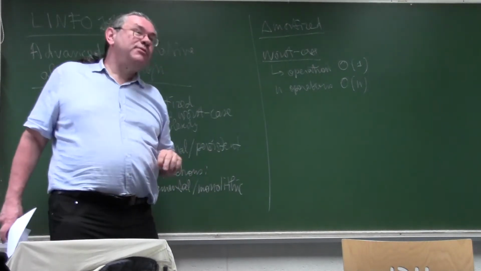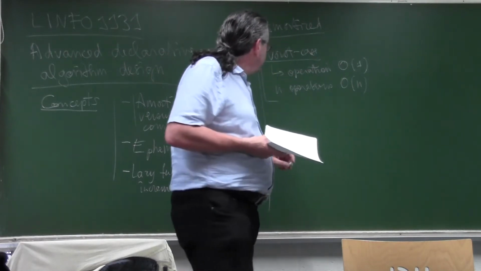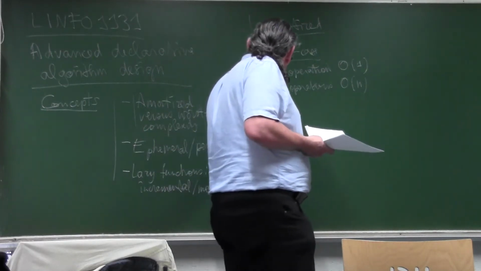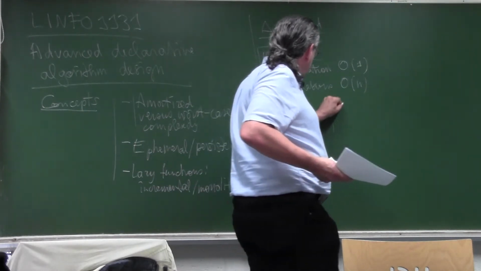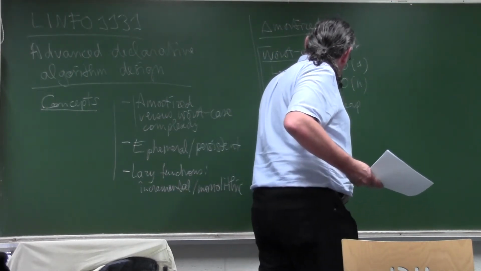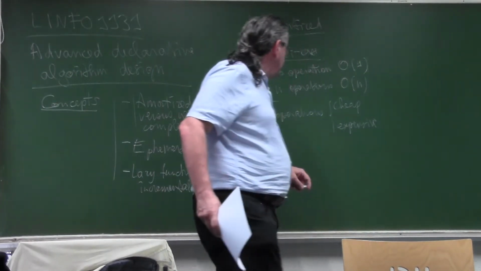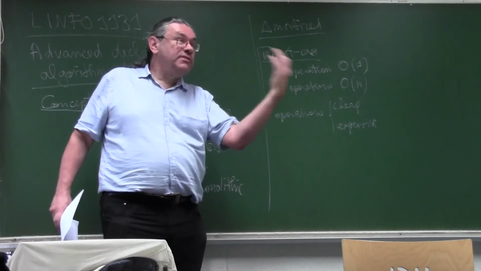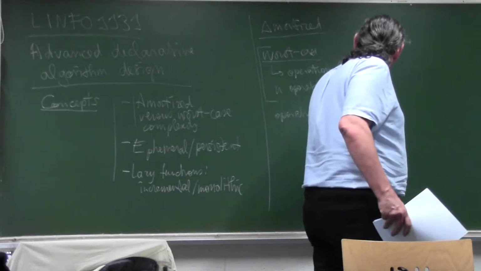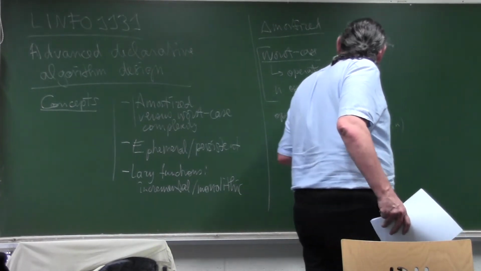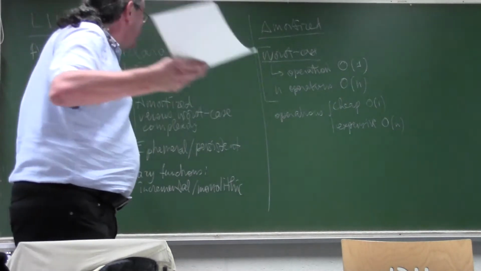But for some algorithms, we cannot do that. For some algorithms, the operations are sometimes cheap and sometimes expensive. If the cheap ones are order of 1 but the expensive ones are order of n, that means in the worst case, it's always order n.